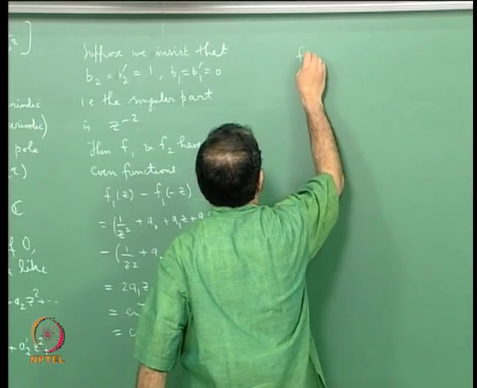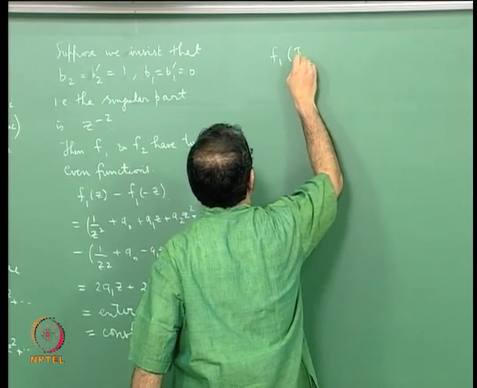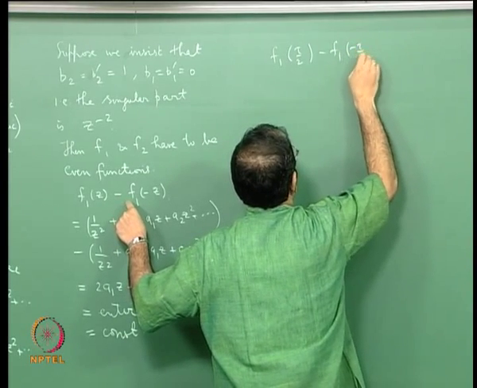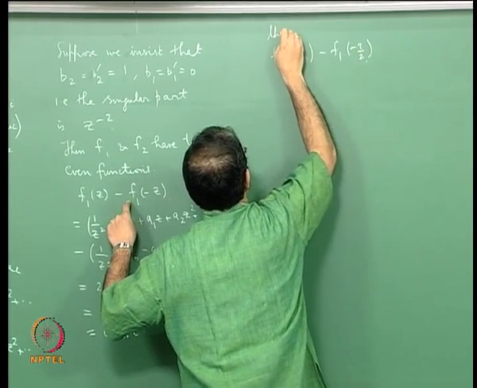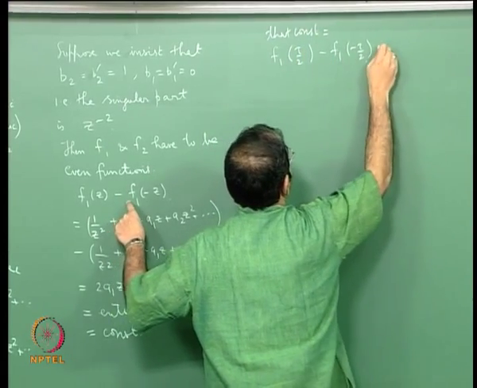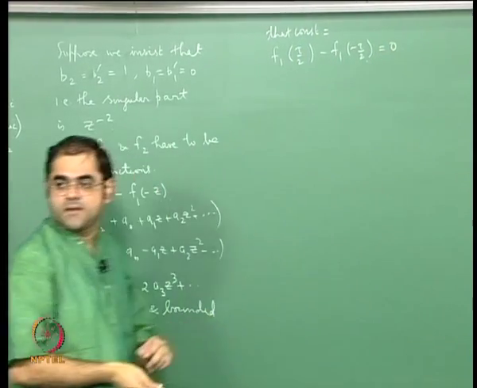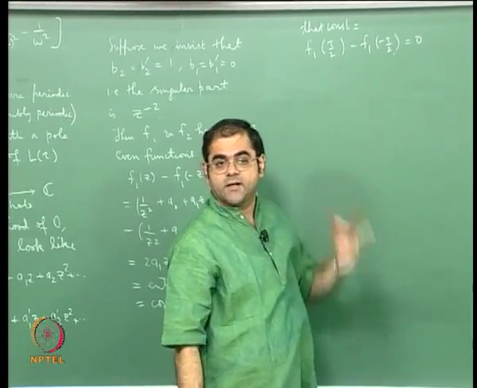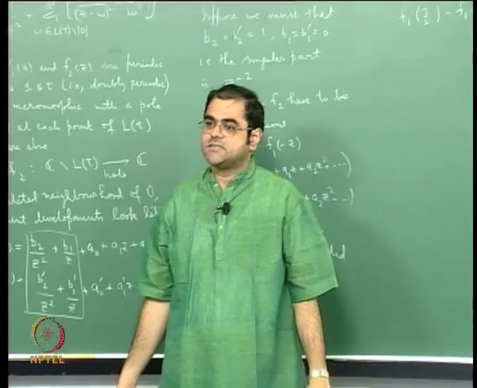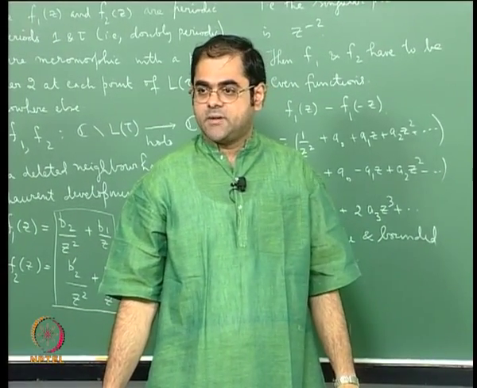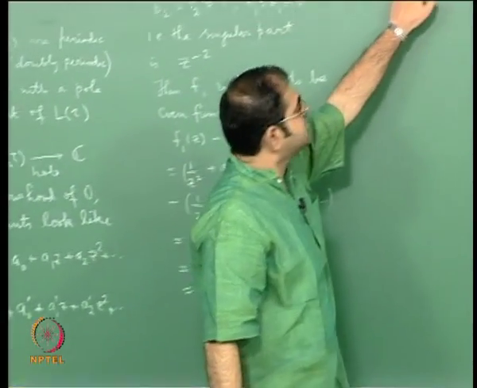So I will get f1 of, let us say, tau by 2 minus f1 of minus tau by 2, that constant is also going to be equal to this, and this is going to be 0. This is going to be 0 because the difference between these two z values is tau, and tau is a period, and the function does not change its value if you translate the argument by a period, okay. So the constant is 0.